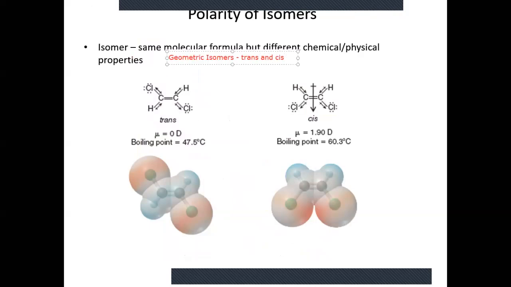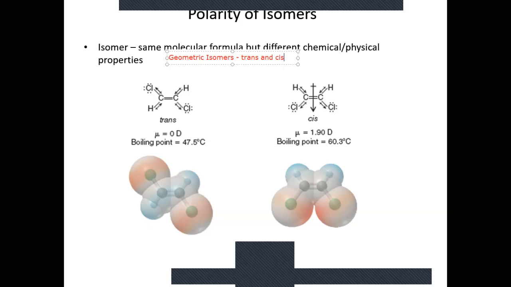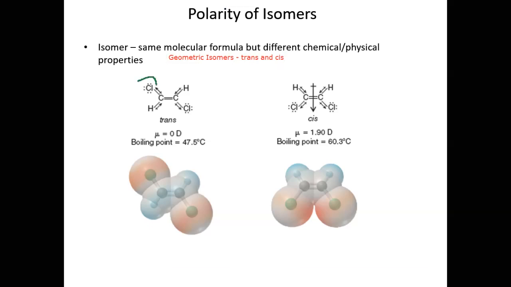And so trans means that the same atoms are on opposite sides of the double bond. This chlorine is on the opposite side of the other chlorine across the double bond. So this is trans. And trans compounds are nonpolar because the dipoles cancel. So again, the chlorines are on opposite sides, one's up, one's down. That's trans. The dipoles cancel, it's nonpolar.